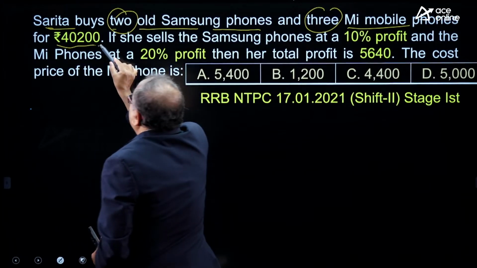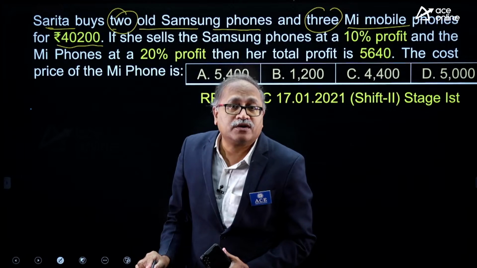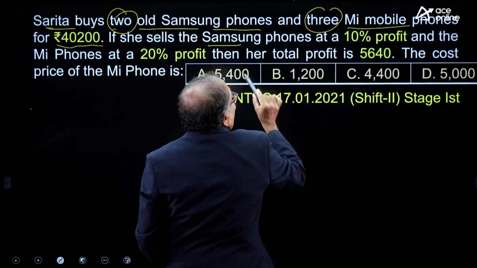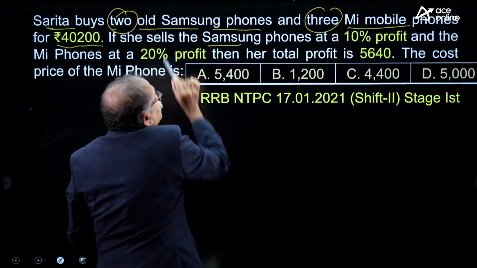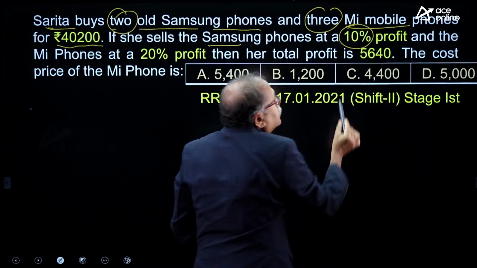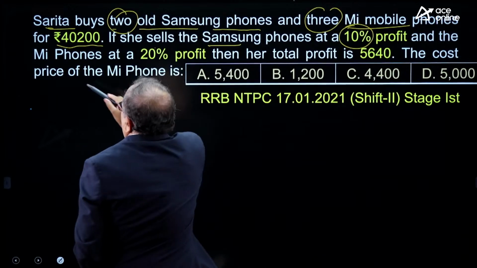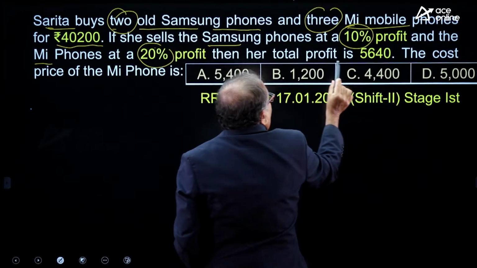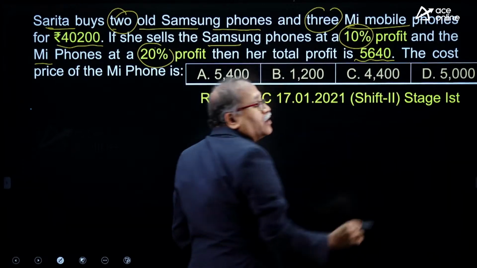The total amount is rupees 40,200. If she sells the 2 Samsung phones at 10% profit and the MI phones at 20% profit, then the total profit is 5640.